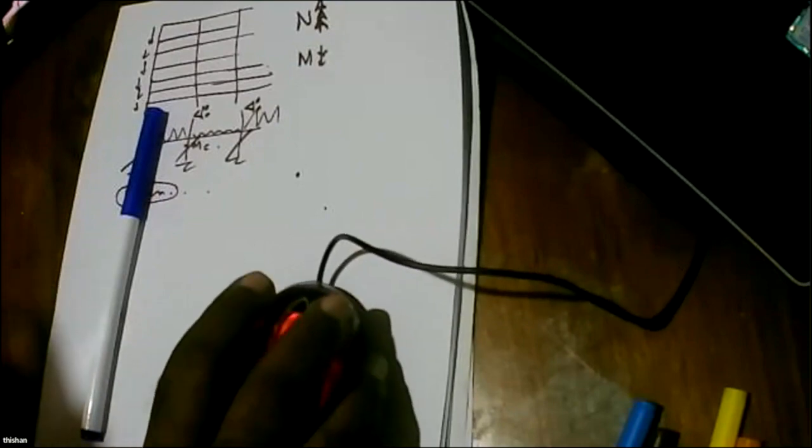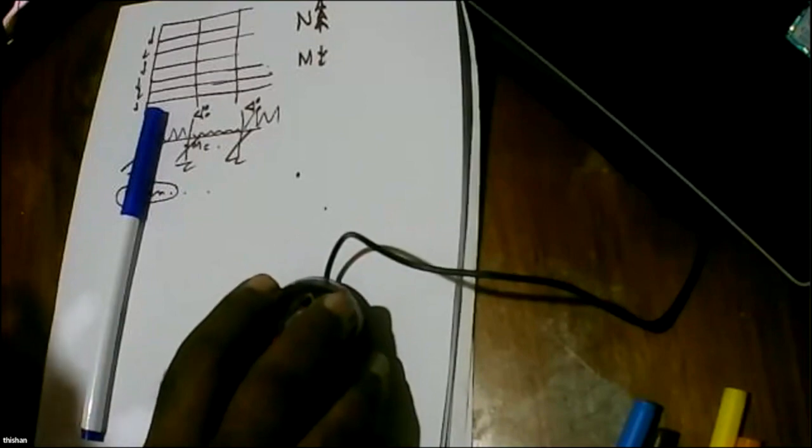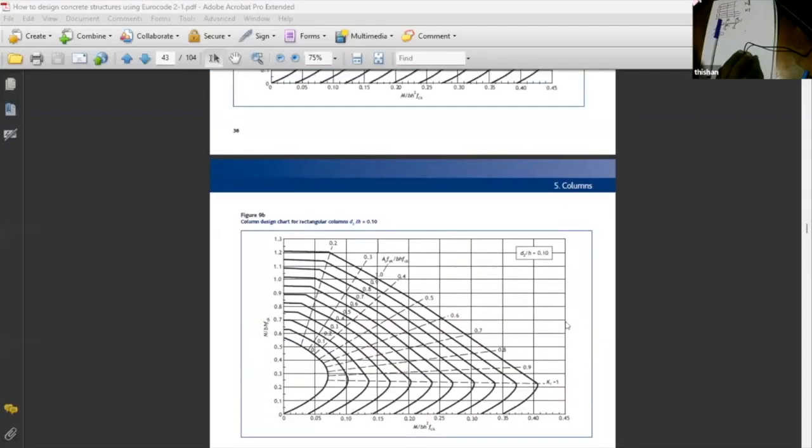So here you can see, I'm going to show you that. There's another document. For Eurocode, you can find this type of charts. But the difference is, here you can see N over bh fcq, M over bh squared fcq.